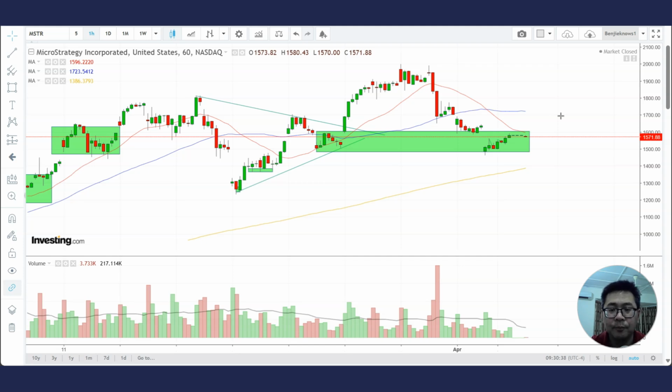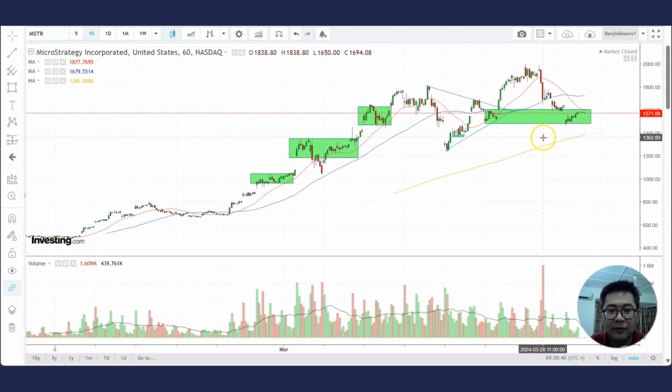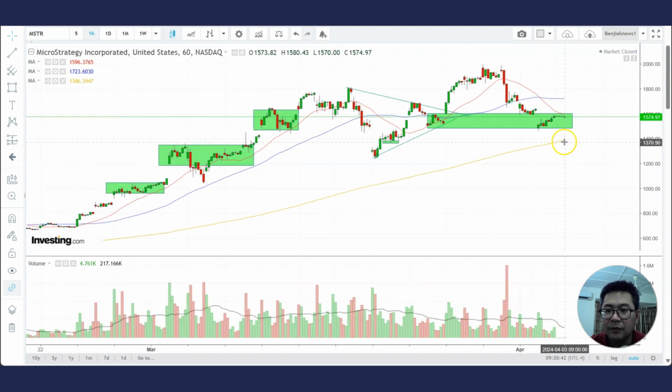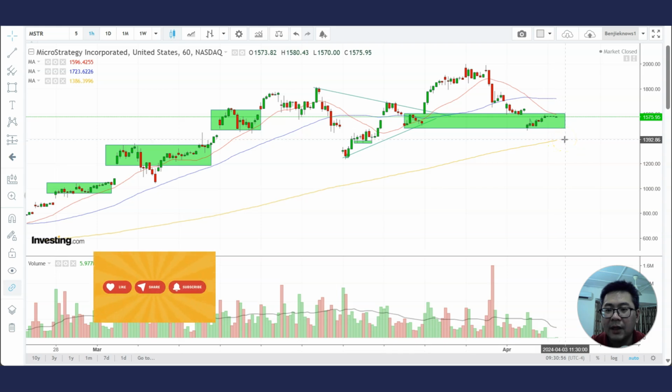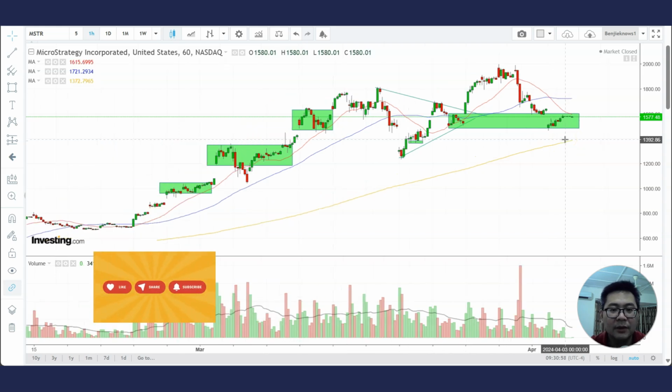Now, having said that, the stock is still above the rising 60-minute 200 MA, and even if it drops, it might find support at the 60-minute 200 MA, and this could be an area where you could find a buy setup in the 60-minute chart.